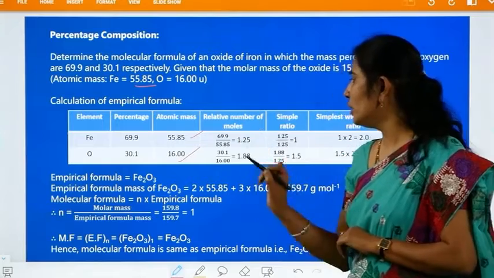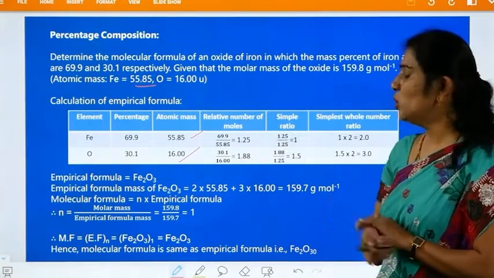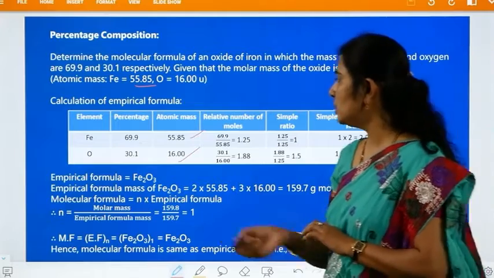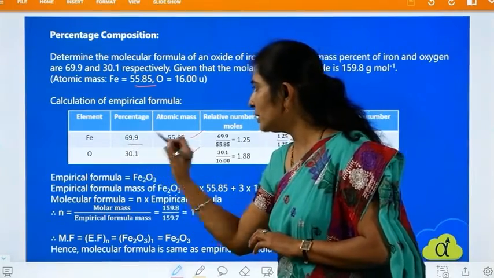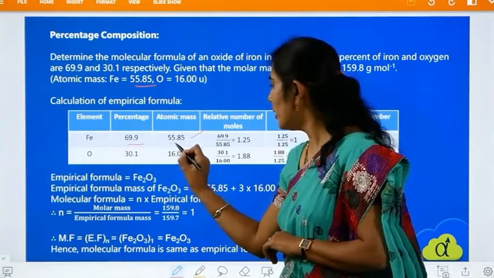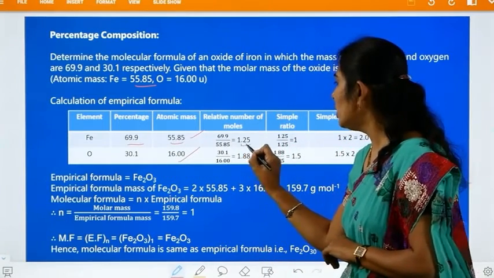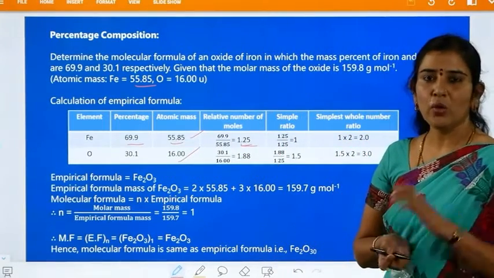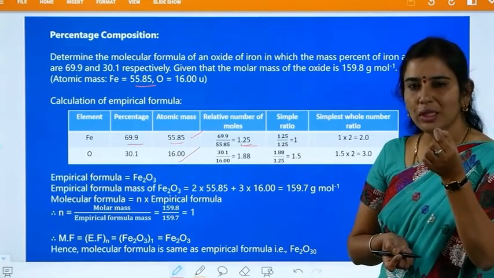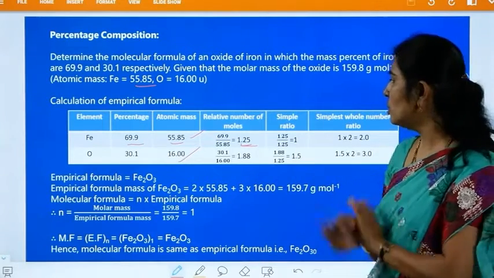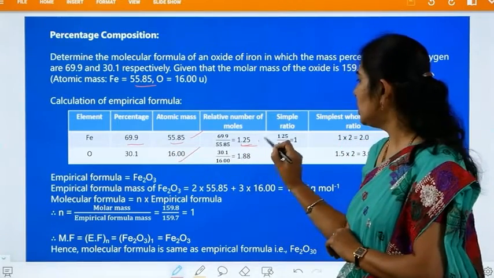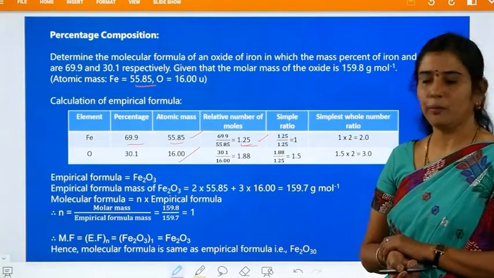Now what you have to do? You have to calculate the relative number of moles. What do you mean by relative number of moles? If you divide the percentage of the element by its atomic mass, that will give you the relative number. You are bringing each element's composition to the least number. That's what you have to do. So 69.9 by 55.85 gives you 1.25.